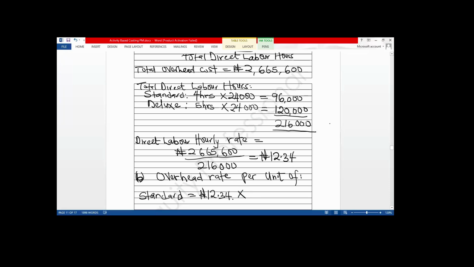To produce 1 unit, I want to calculate overhead rates per unit. So I'm going to pick hours required to produce 1 unit.